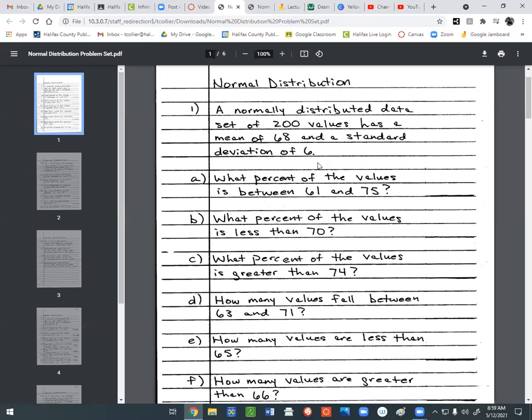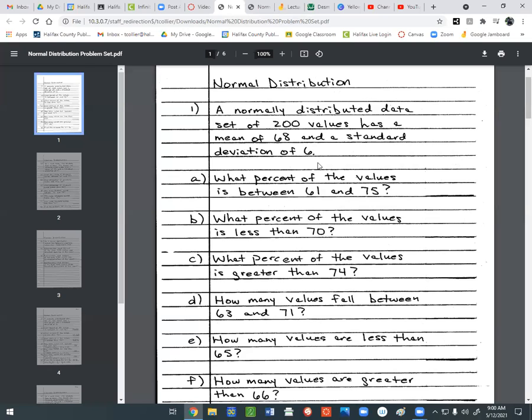So I'm going to say the average is 68. That's going to be my axis of symmetry when I go back to Desmos. And then the standard deviation, the sigma, is going to be 6. So these are the 2 most important numbers that I can get.